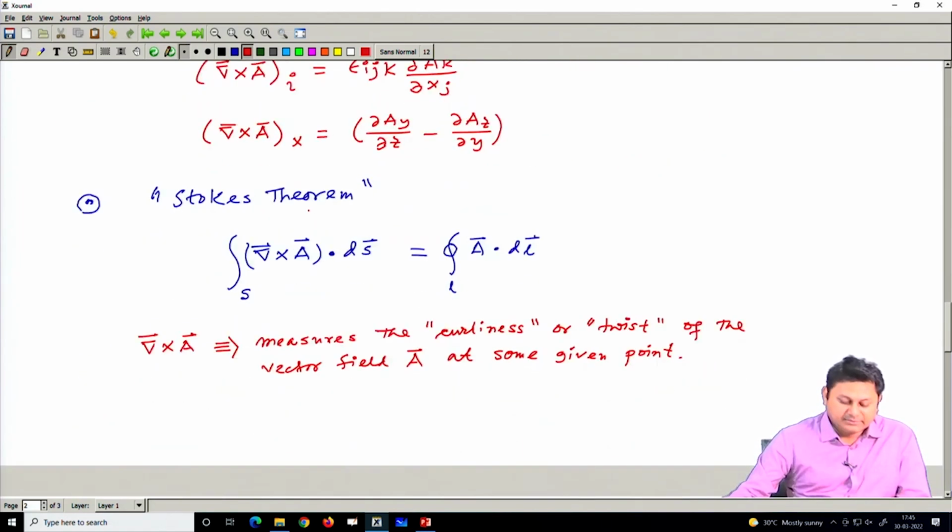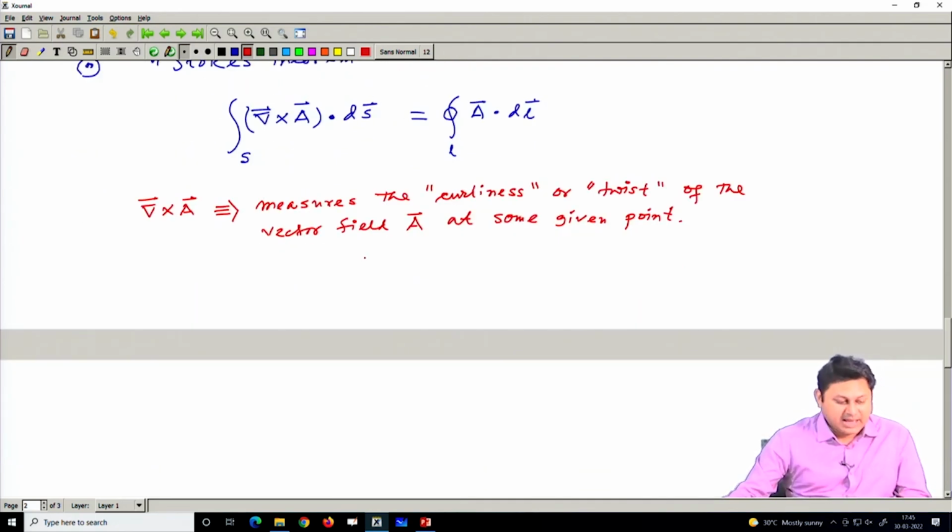And then Stokes theorem suggests that if you calculate the curl and then make a surface integral, that value should be identical to the line integral of the vector field, but the line should be such that it is encircling the given surface over which you are doing the surface integral. So, this is overall the recap I wanted to do quickly today.